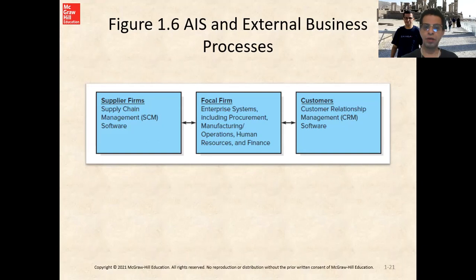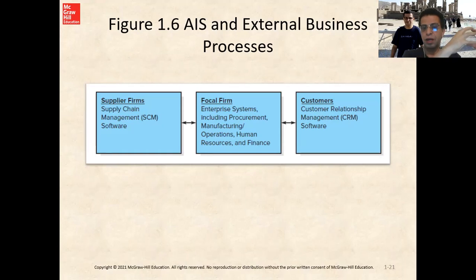So here in this figure, AIS, when it comes to the external business process, you have the suppliers, which have supply chain management software. And then you have us, the focal firm, which gets support from the supplier, and then you have the CRM, which deals with the customers.